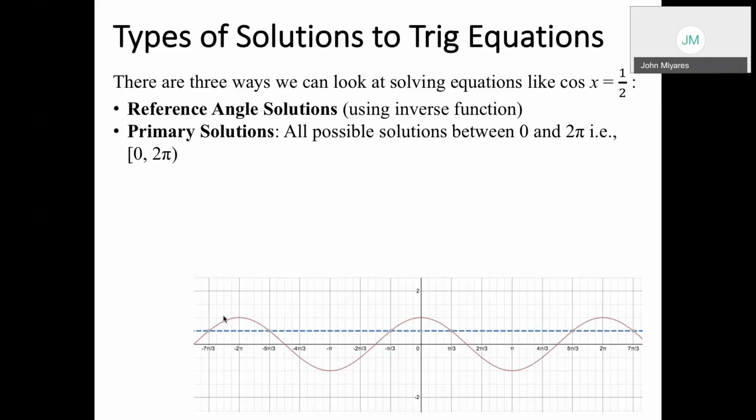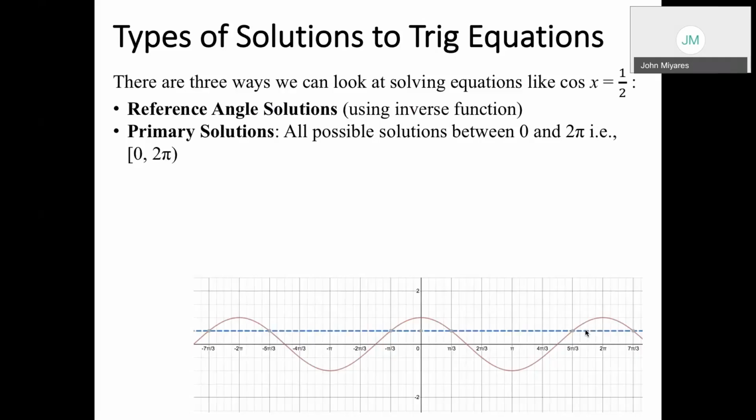We could look on the graph and see that between 0 radians and 2 pi radians, we have 2 intersection points, one at pi over 3 and one at 5 pi over 3. These two would be considered the primary solutions. Those are the 2 angles between 0 and 2 pi where the cosine of the angle will equal 1/2.